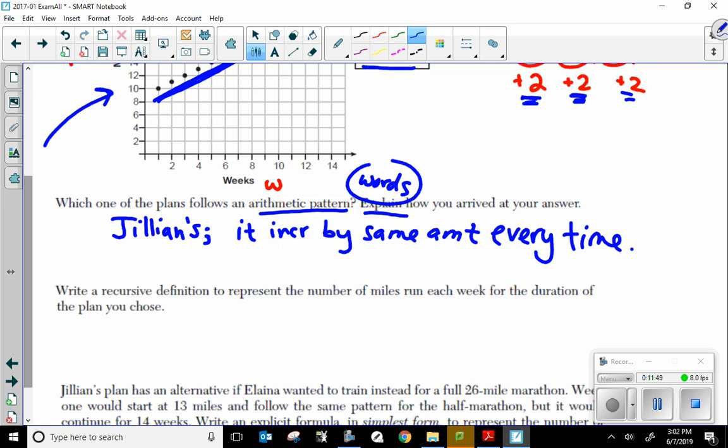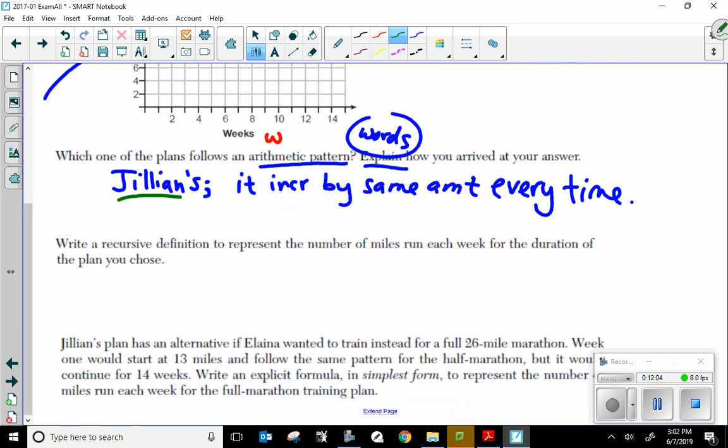All right. Write a recursive definition to represent the number of miles run each week for the duration of the plan you chose. We chose Jillian's, so I need a recursive definition for Jillian's. First of all, recursive means two things. Number one, you need an M1. You have to be given the very first term.